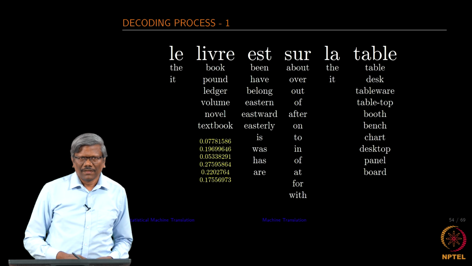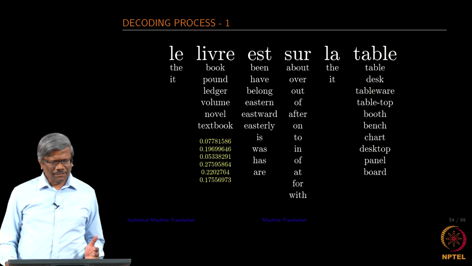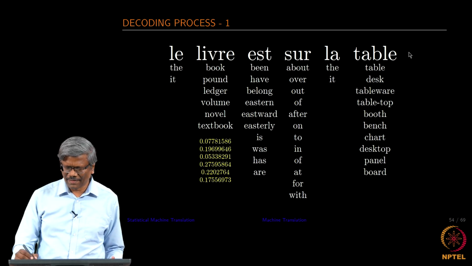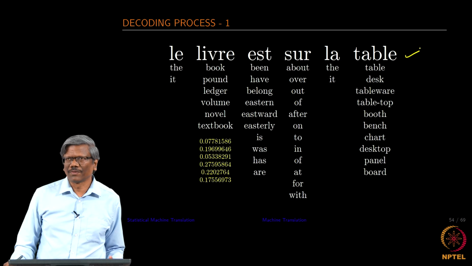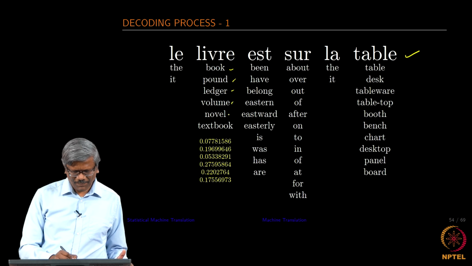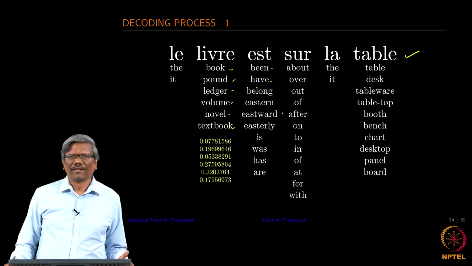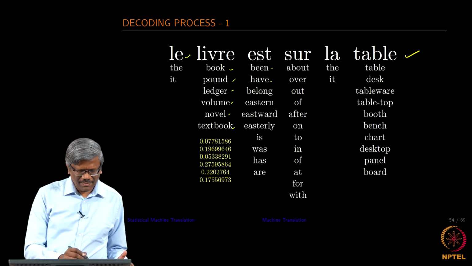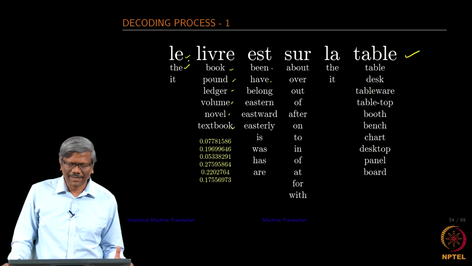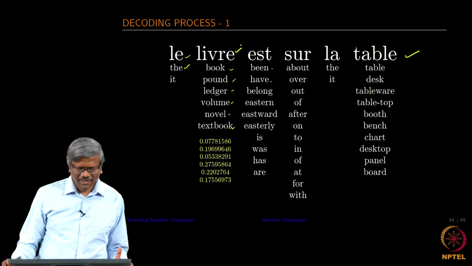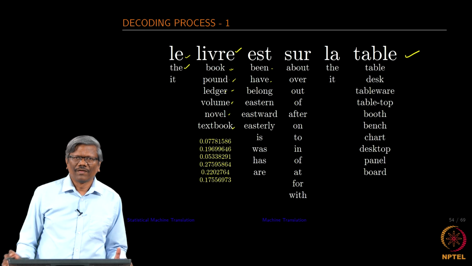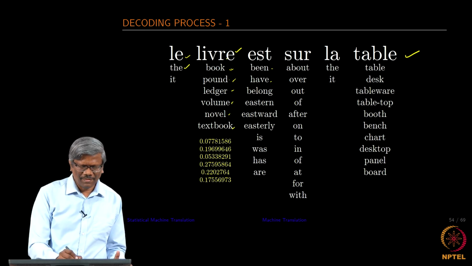All right. So, to give an idea of how the decoding happens, let us look at one small example. Let us say that we want to translate this sentence into English, right. I used some dictionaries to get all these words. Okay. For example, le is mapped to the as well as to it. And then if you look at the French word here, there are several translations possible for this.